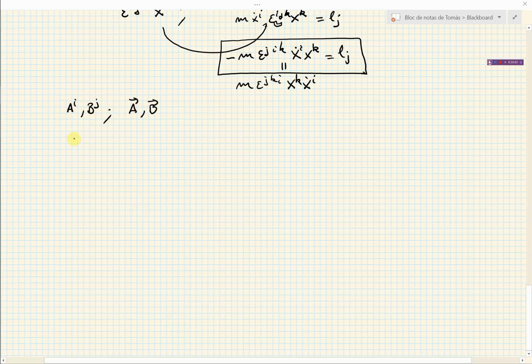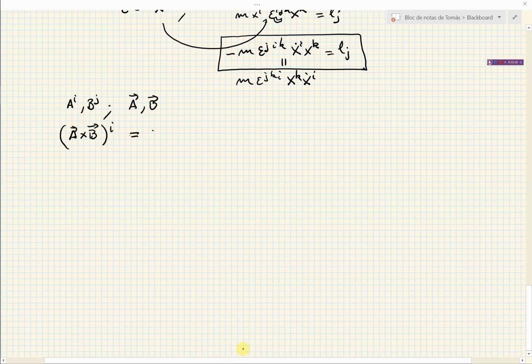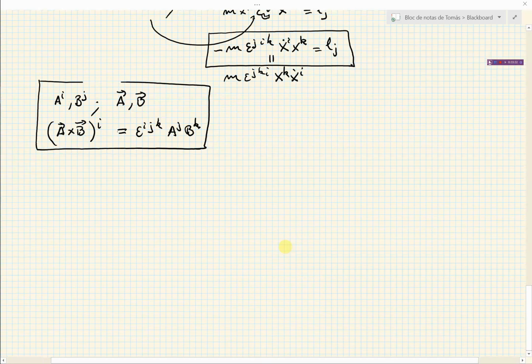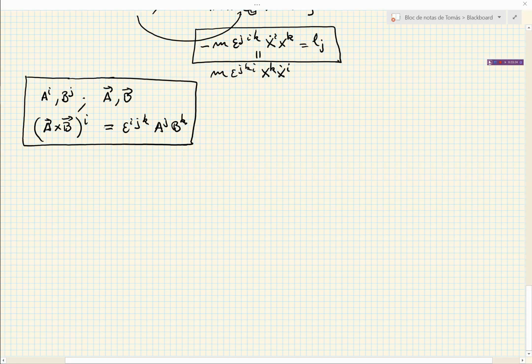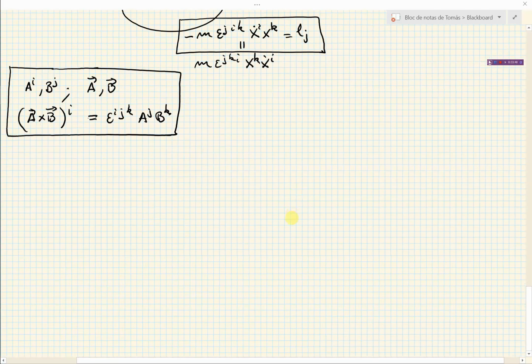Then all I need to know is that the vector product of a and b is another vector with indices i that take values 1, 2, 3, and this is given by epsilon i j k a j b k. This is something to remember if one wants to translate certain identities written with indices into identities written in this vector product language.